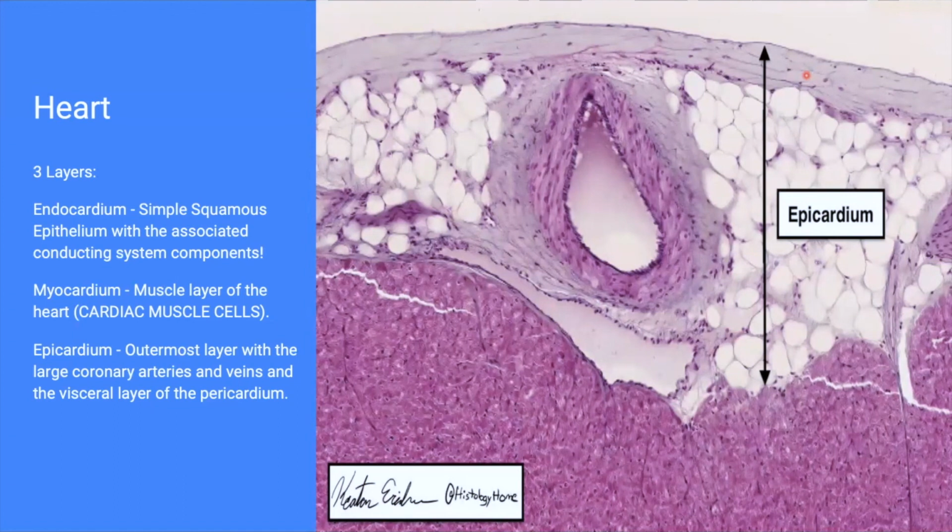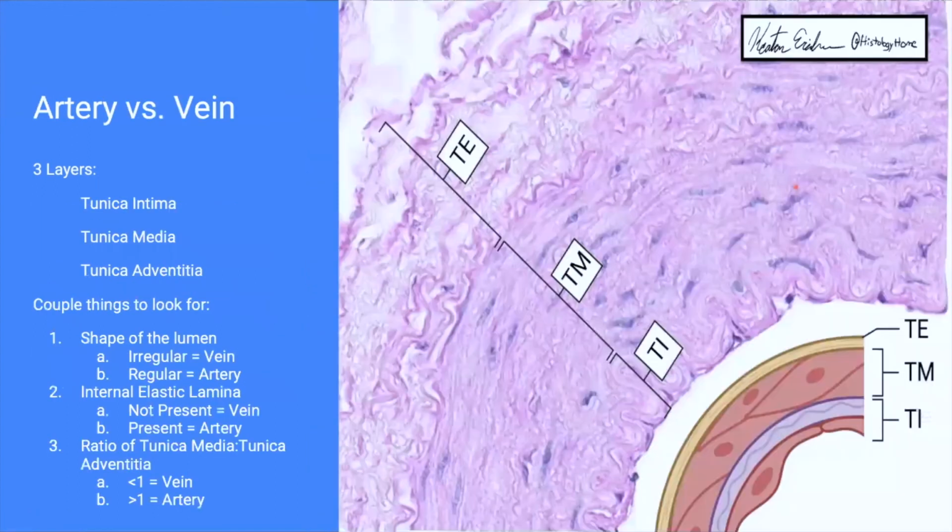But the thing to remember about the epicardium is that the great coronary vessels are going to course through this layer. It has some cushioning due to this adipose tissue on the outside. And then that visceral pericardial layer is attached to the actual epicardium itself. All right, that wraps up heart.